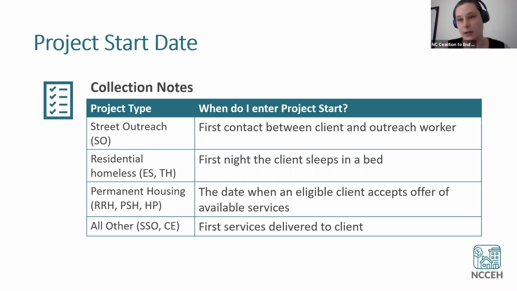So their services start when they meet. And that can be not necessarily a full intake, right? Street outreach really embodies the progressive engagement model in terms of data collection. You may be gathering some things over several contacts.